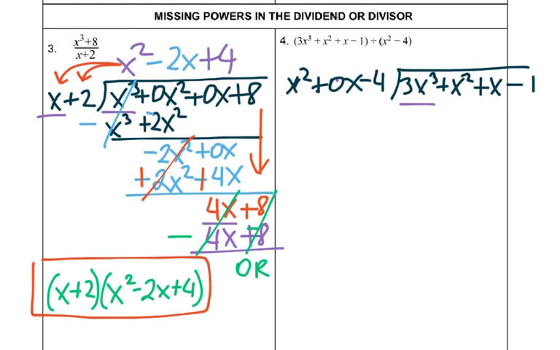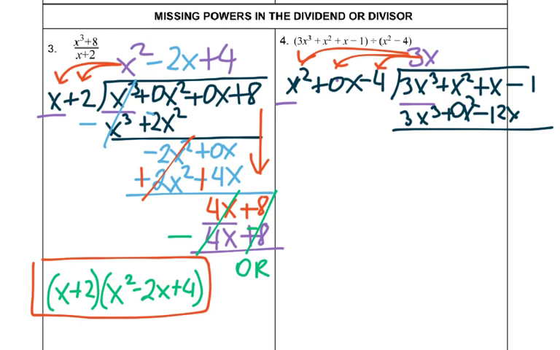So first term divided by first term, we will get 3x. Remember to multiply down now by 3 of them. Which gives me 3x to the power of 3 plus 0x squared minus 12x.